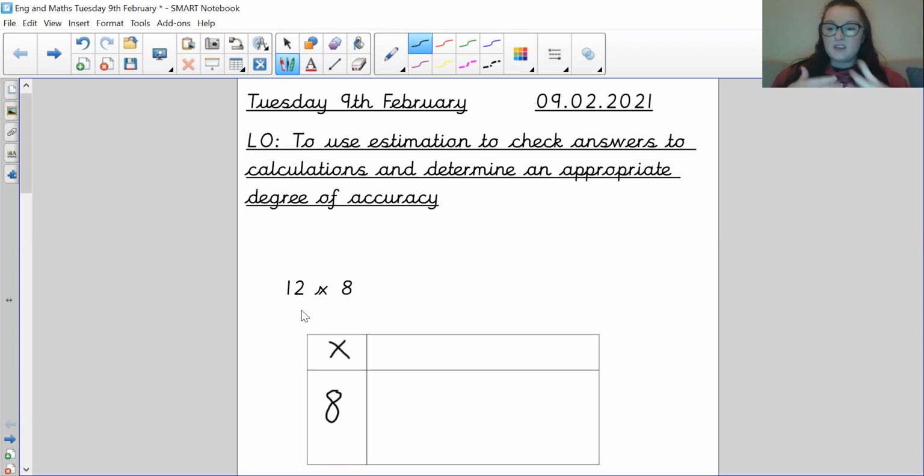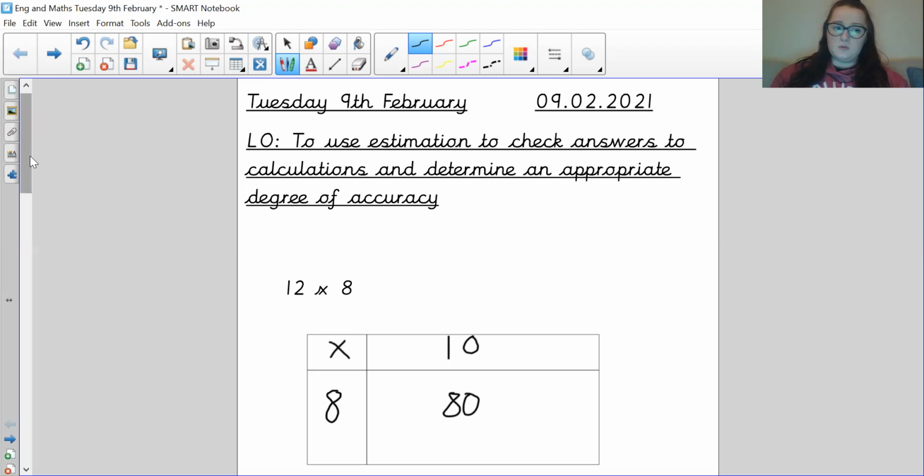This will make it just a little bit simpler for us. So if we round down 12 to the nearest 10, it would be the number 10. So then I'm going to do 10 times 8, and we know that it is 80. So that 80 is my estimation. It is my estimate for 12 times 8.